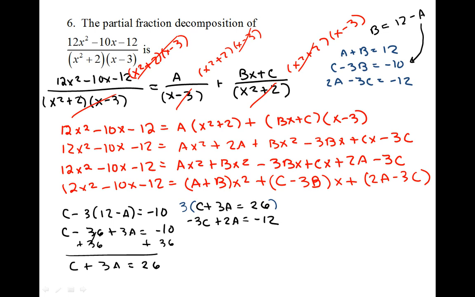So that is going to give me 3C plus 9A equals 78.